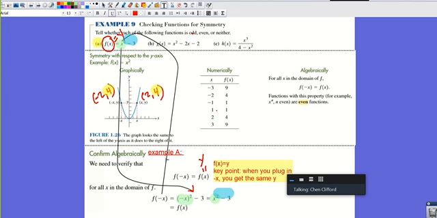I was verifying algebraically whether it was odd, even, or neither. So I plug in negative x, it matched, so it's even.